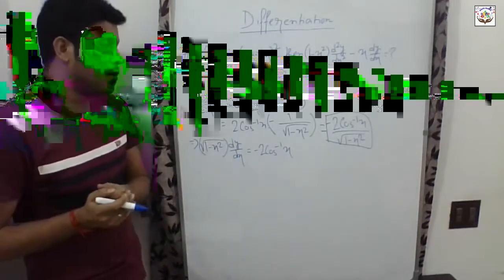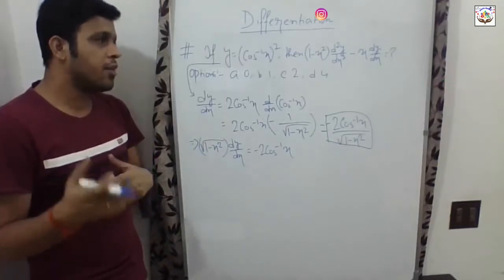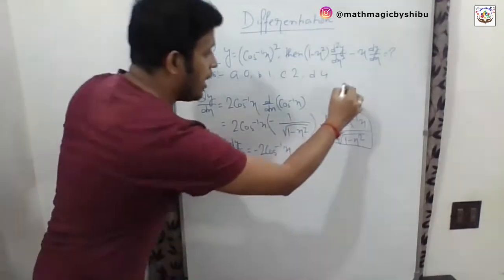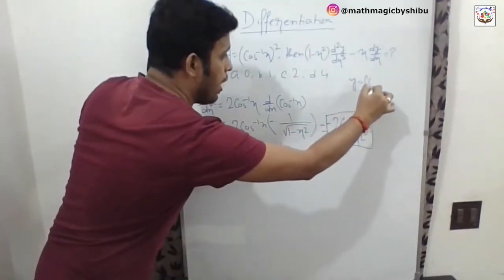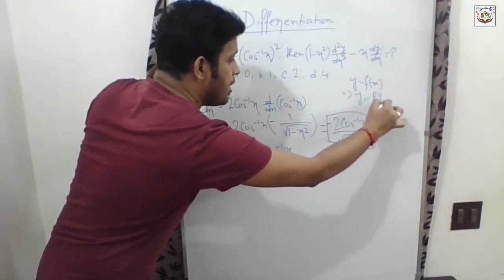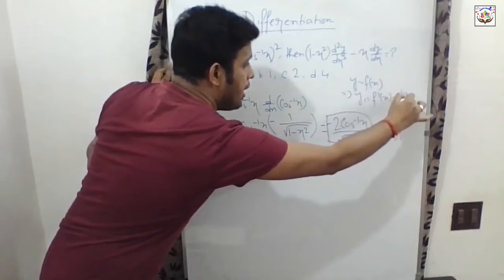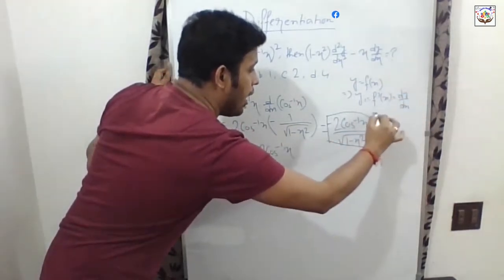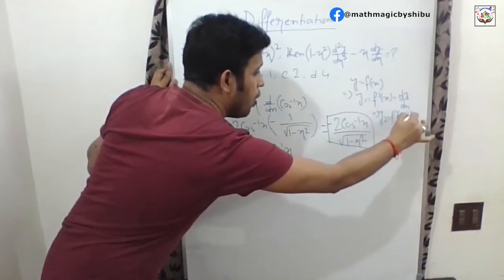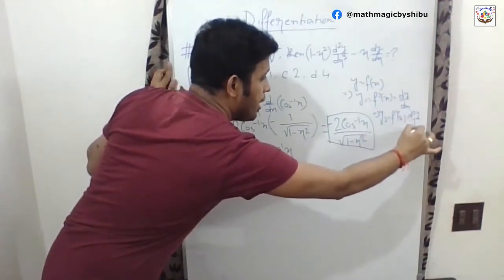If you remember, while discussing the second order differentiation, I mentioned that you can take f(x) as y, you can take y1 as f dash x or dy dx, and you can take y2 as f double dash x or d2y by dx square.